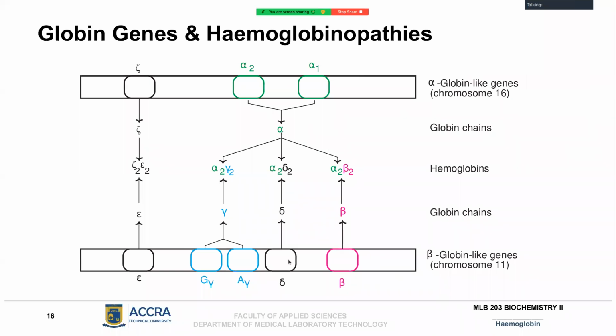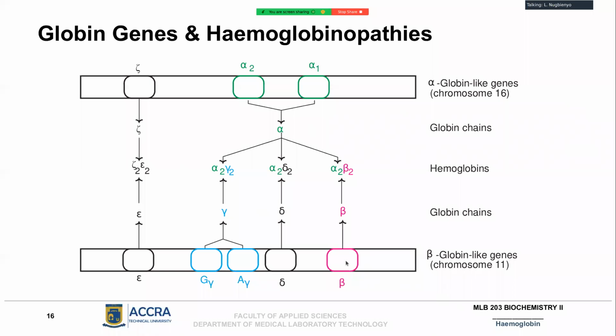Then we have, down here, the gene responsible for the synthesis of the beta chains. Here too we have the delta, the gamma, and then the epsilon. The beta is what we find mostly in adults.